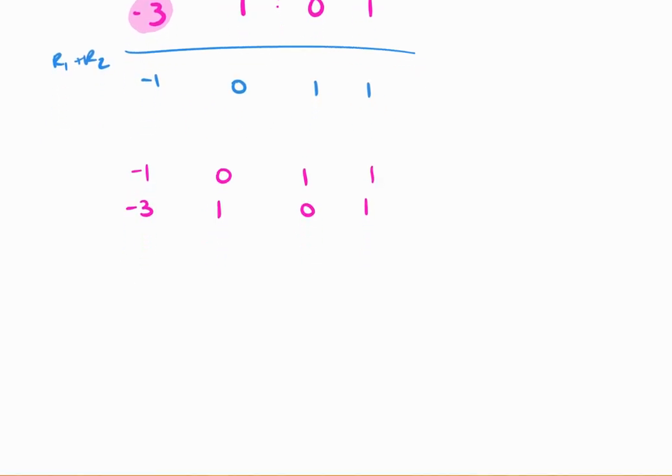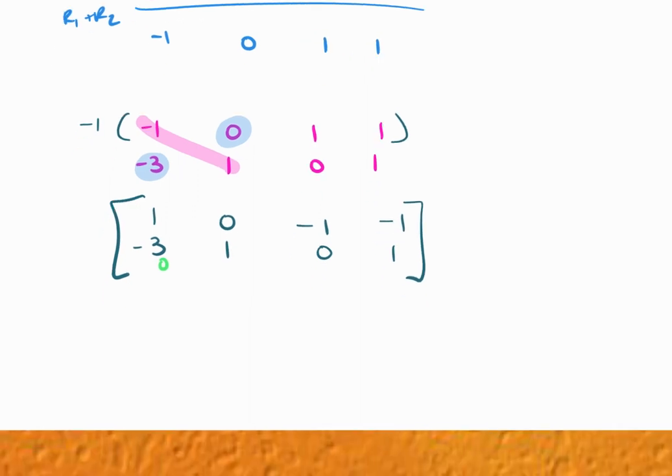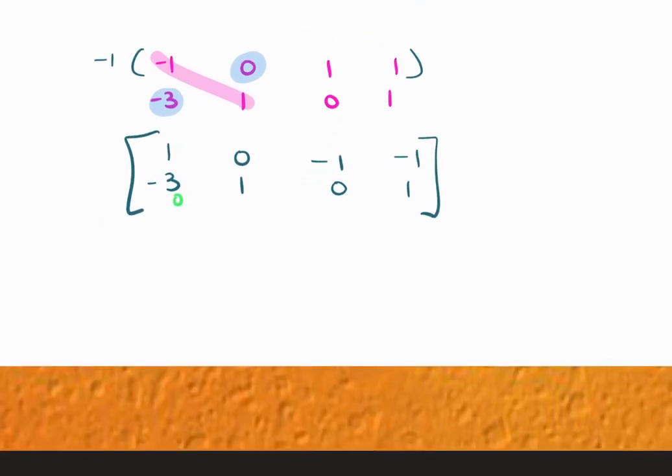Now I still want 1s here and I still want the 0s here and here. So what's something I could do from here? I can multiply that top by -1. It's going to give me the 1. And the last thing I need is a 0 where the -3 is. How do I get that? You do the top row times 3 and then add it to the bottom.